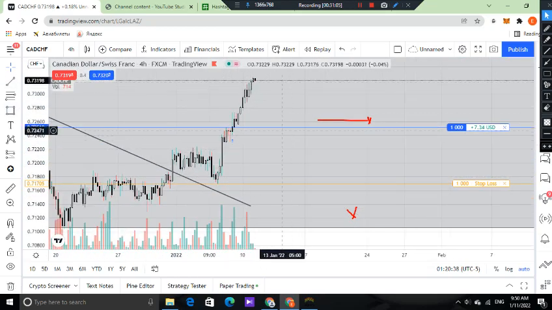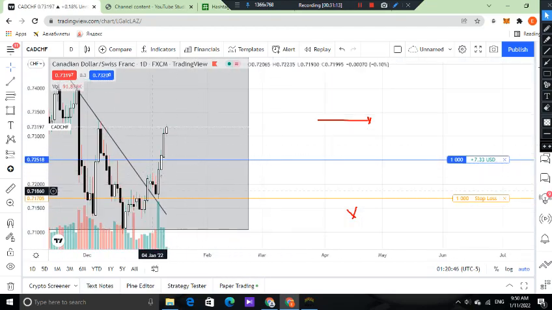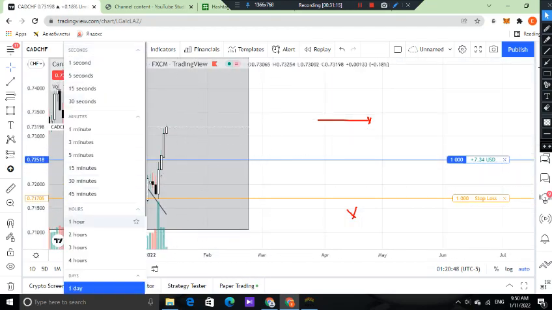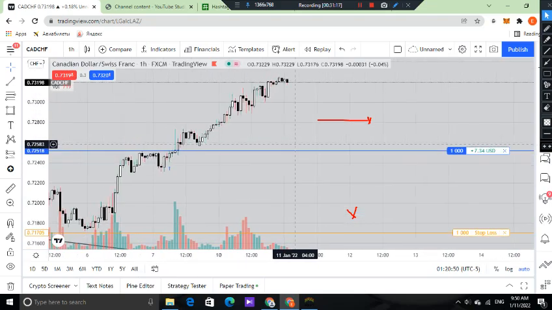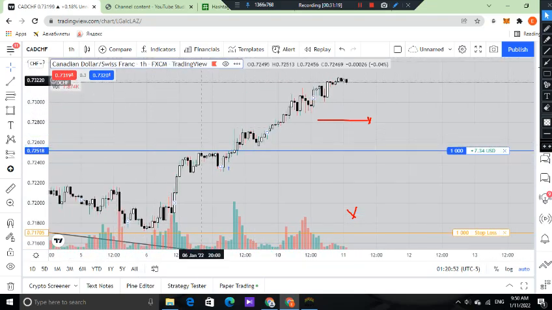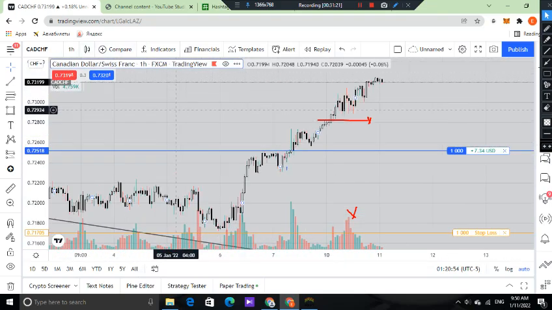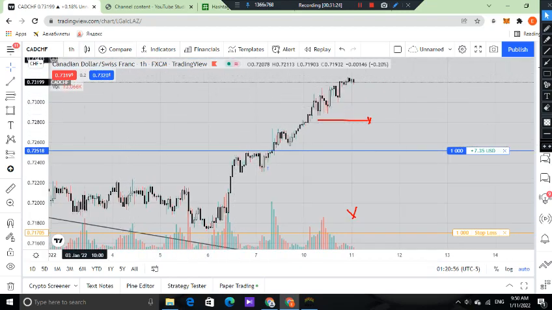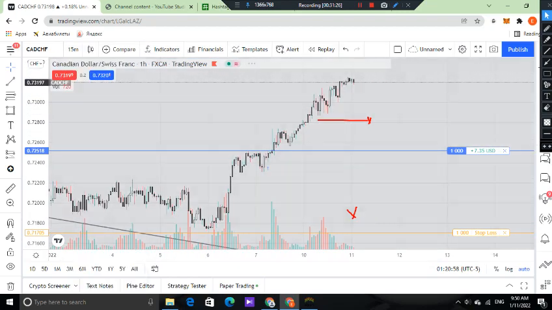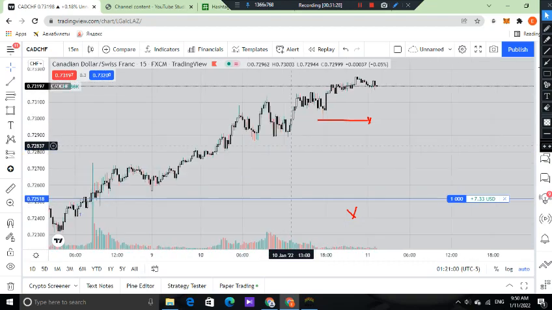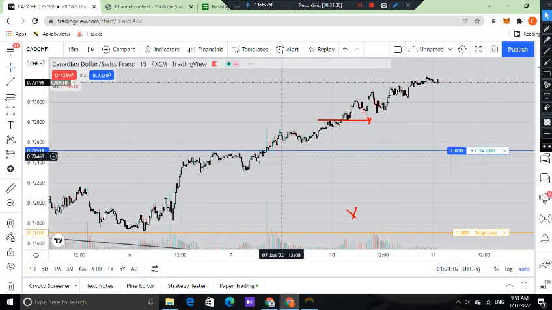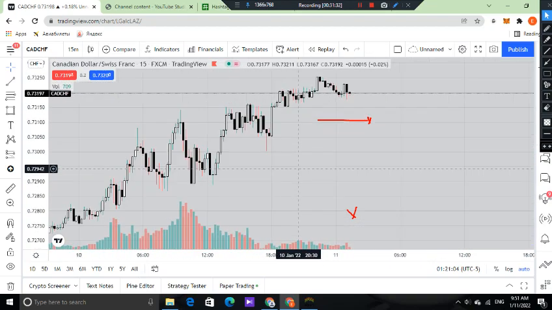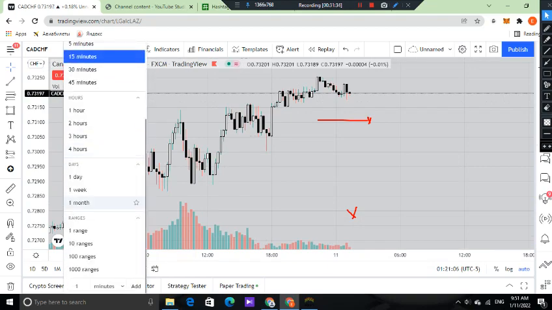We call this kind of movement a tight channel, but if you look at it in a higher time frame, it's a breakout. And if you look at it in lower time frames, it becomes a broad channel, if you want to call it a broad channel.